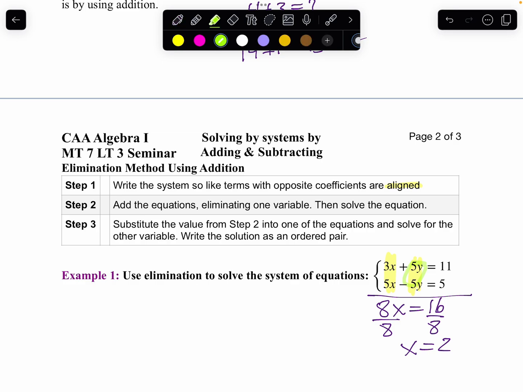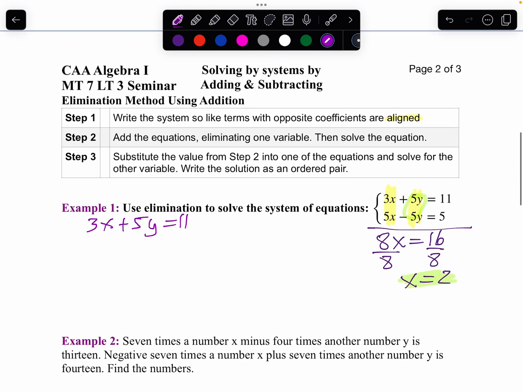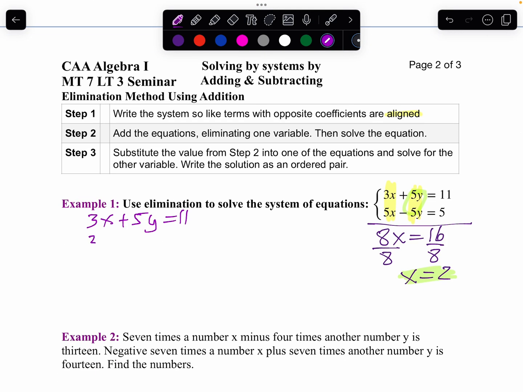Now I got x. Now I'm going to use x to solve for y. I'm going to pick one of my equations. I like the first one. So we're going to say 3x plus 5y equals 11. Only now we know x is 2. So it's 3 times 2 plus 5y equals 11. 3 times 2 is 6 plus 5y equals 11.